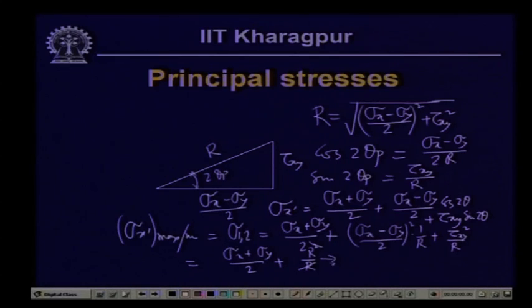So, this eventually gives us (sigma x plus sigma y) by 2 plus root of (sigma x minus sigma y by 2) square plus tau x y square. So, this is the value of the maximum stress or one of the stresses we get.